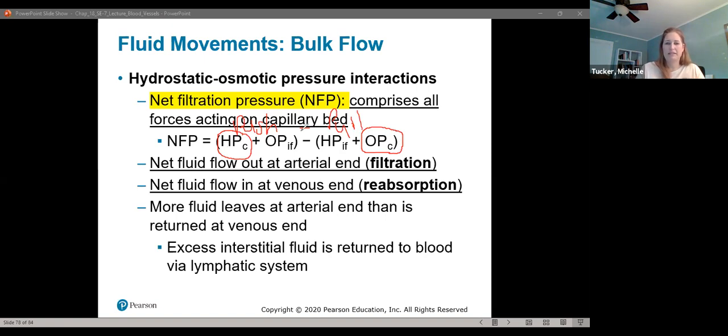I only mention the tissue pressures because they can change with disease processes. But for a healthy individual, it's the hydrostatic pressure at the capillary minus the osmotic pressure at the capillary. Which one of these changes, hydrostatic pressure at the capillary or osmotic pressure at the capillary, between the arterial and the venous end?